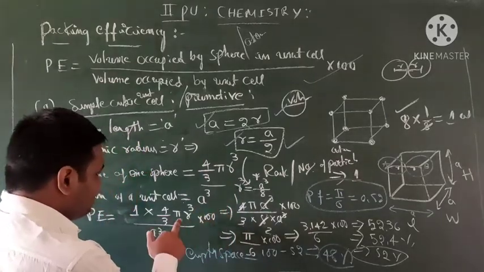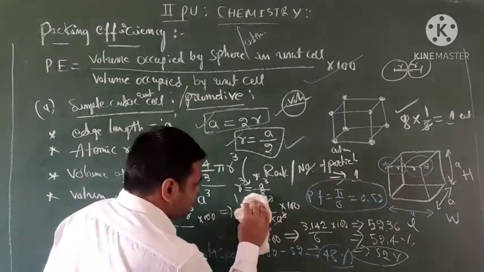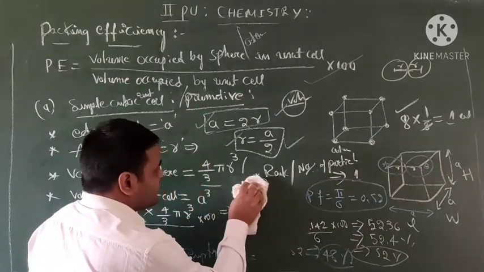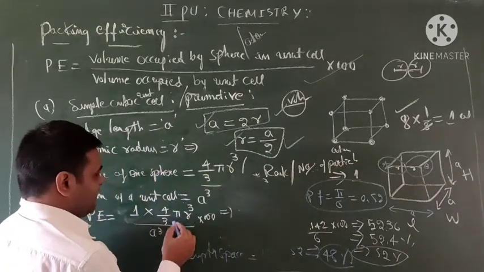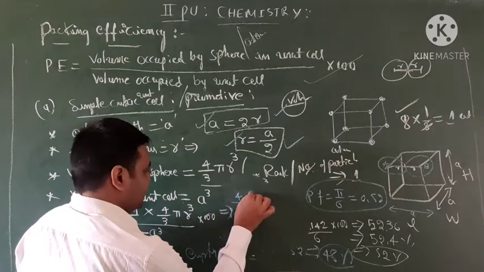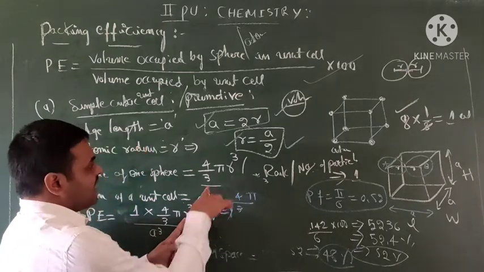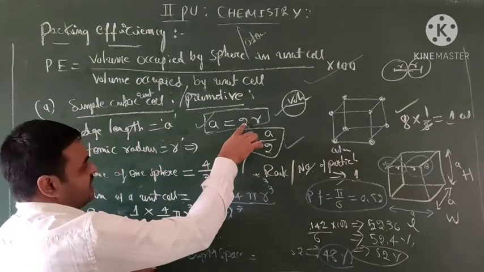By chance, if you take the a value instead, a is 2r.